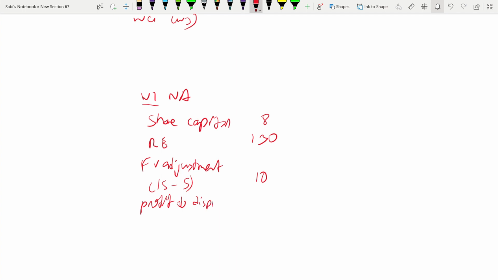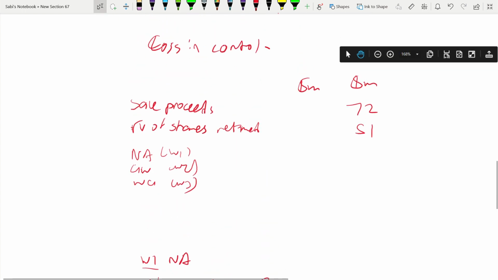This profit is till disposal date. That means only 9 months you can take, 9 months out of that 20, which is 15. So if you add all this, it's 163. This 163 you can go here and write 163.